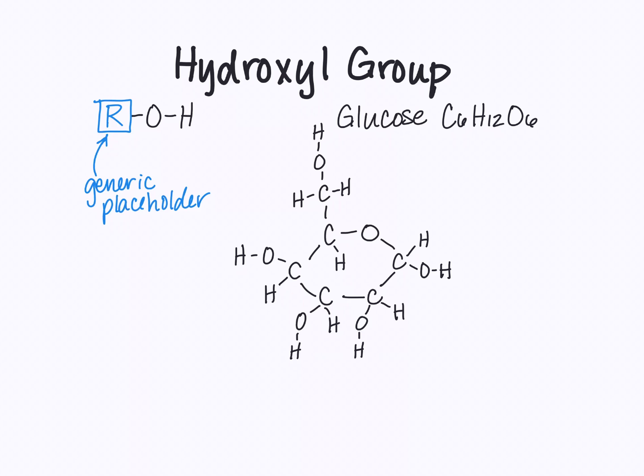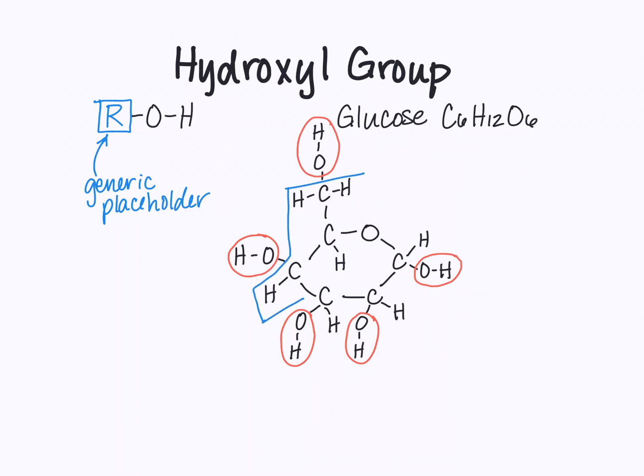Now you'll notice that we have several different hydroxyl groups on this molecule of glucose. Anywhere where we see that OH is going to be our hydroxyl group. And then all of the rest of the molecule that's not made up of the hydroxyl groups, we would just replace with that R as a placeholder. The hydroxyl group is oftentimes also just abbreviated as -OH.